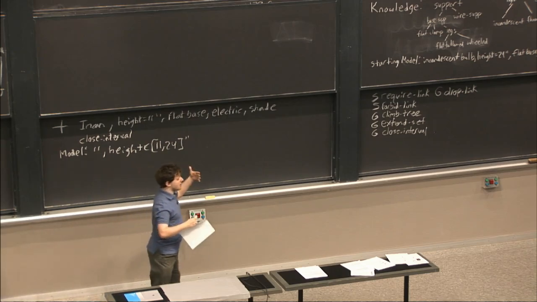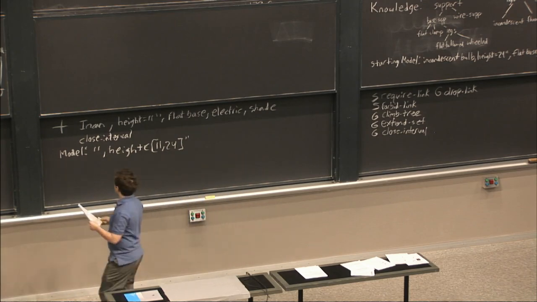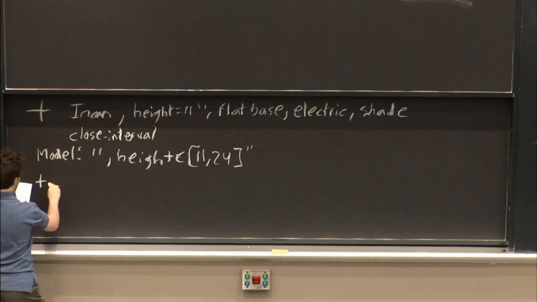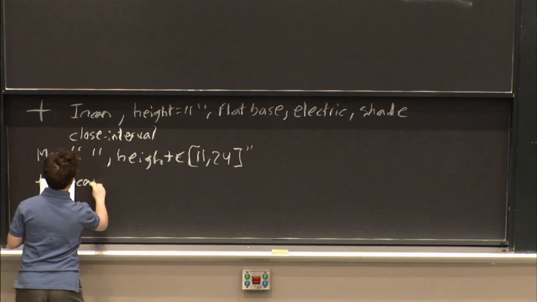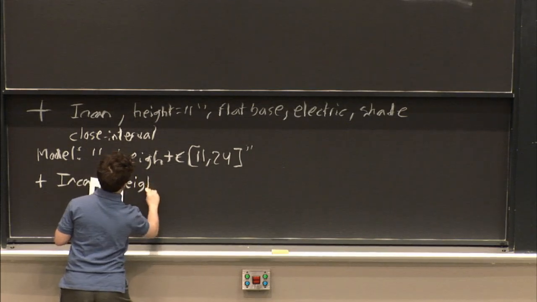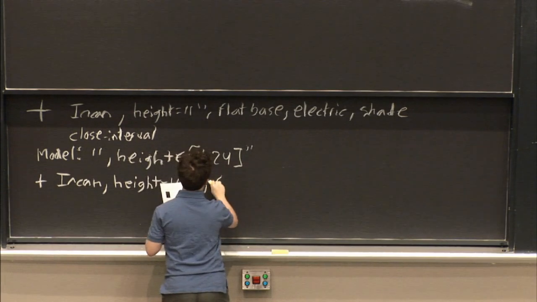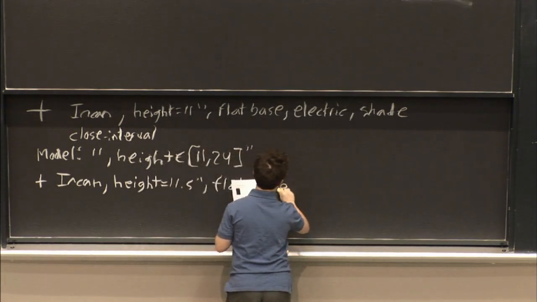It just sort of has the light shining on you. So it is a positive example. It's incandescent. Height equals 11.5. Flat base. And electricity.